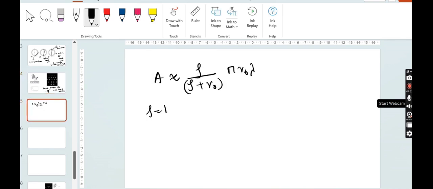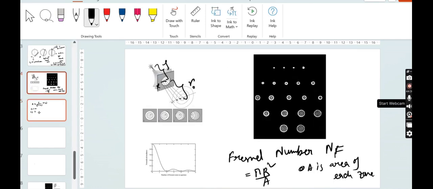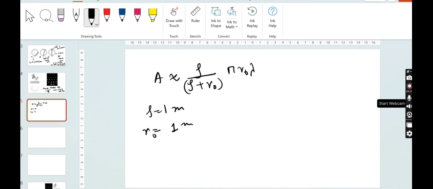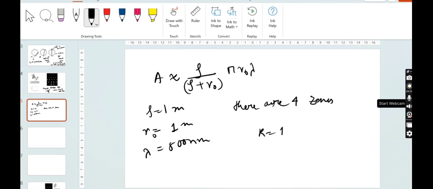So if rho is 1 meter and R naught is 1 meter, lambda is 500 nanometers, there are 4 zones when r is equal to 1 millimeter.